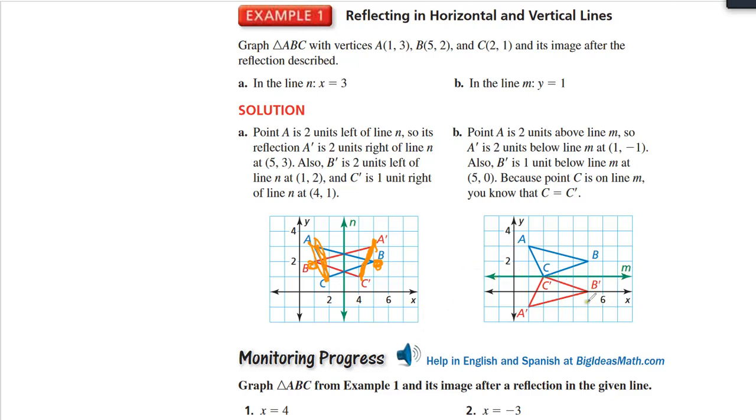This is more like the drawing that I showed you, my first one. This point C, since it's on line M, its reflection, C prime, is the same point as C. It's like when I put my finger on the mirror, I'm touching the reflection of myself.